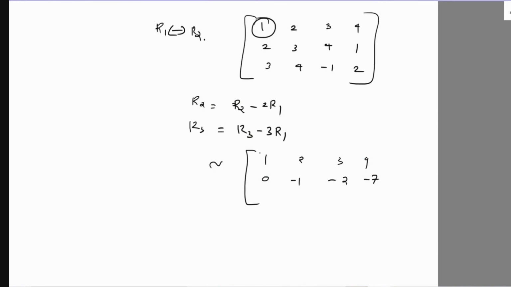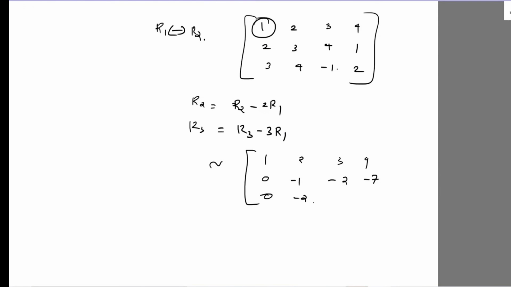And the next row will be 0, and what will be the next element? 4 minus 6, that is minus 2.